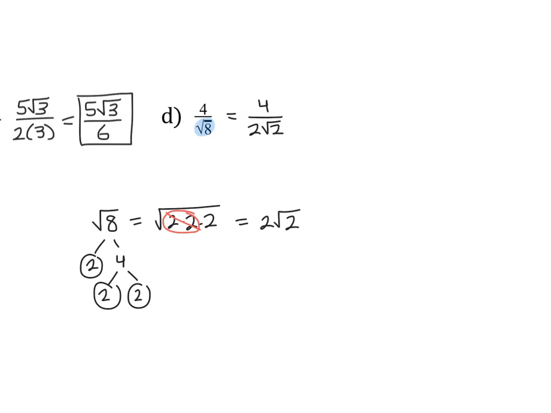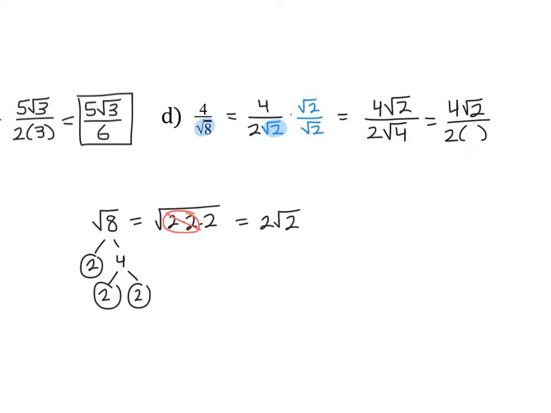And then I see that we have a square root left in our denominator. So I'm going to multiply the numerator and the denominator by square root of 2. So we have 4 times the square root of 2 over 2, that's this 2, and square root of 2 times square root of 2 is square root of 4, which of course is a perfect square.